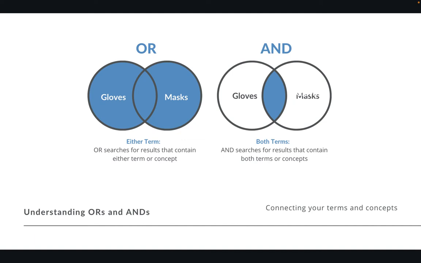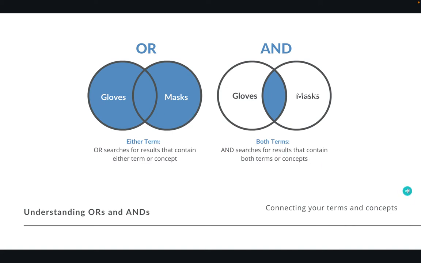So in this case, on the slide, if I wanted to look for articles that are about masks or gloves, it would broaden my search and bring me results from articles that had either of those concepts. So more results, all of the blue, all the gloves, all the masks, and all in between.